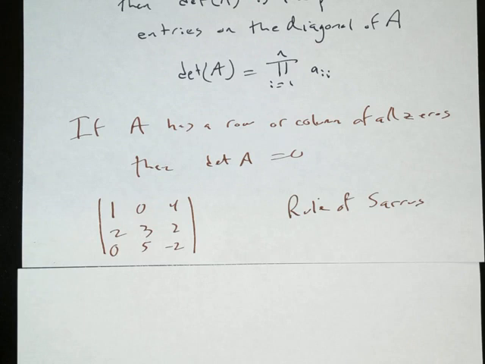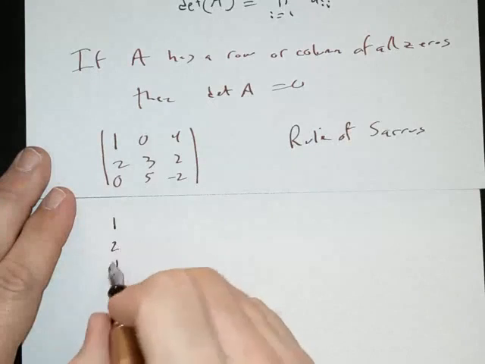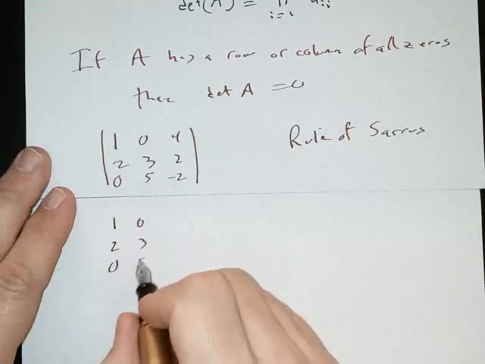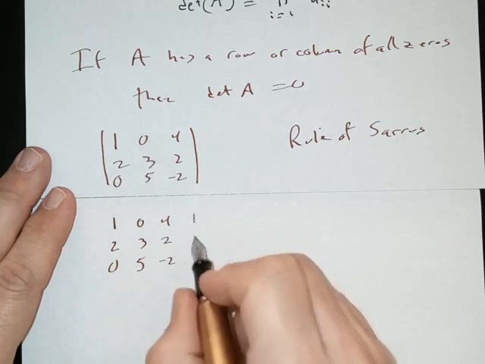And he noticed that you could get the same things that we needed to multiply together. Remember the A11, the A22, the A33, those things could be multiplied together if you actually had 5 columns instead of 3. So he said, let's take the first 2 columns and copy them over here.